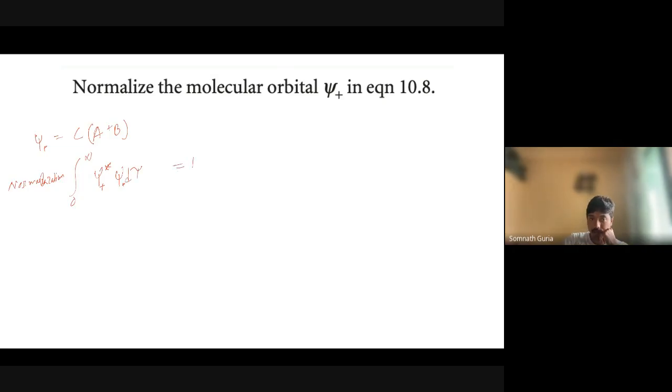It should be 1. This implies we have the integral from 0 to infinity of the function psi, A plus B whole square, meaning C square times A plus B.